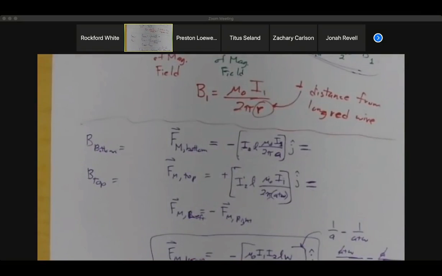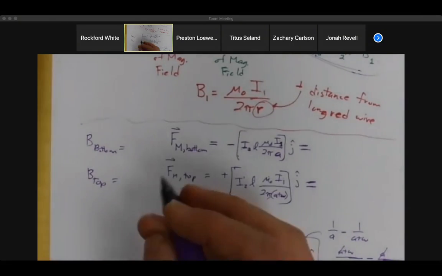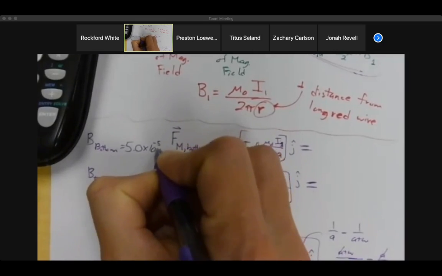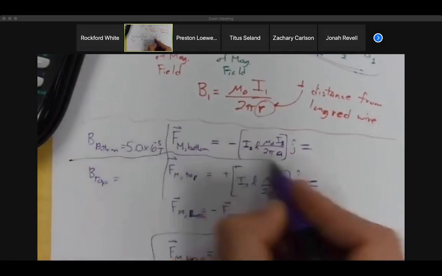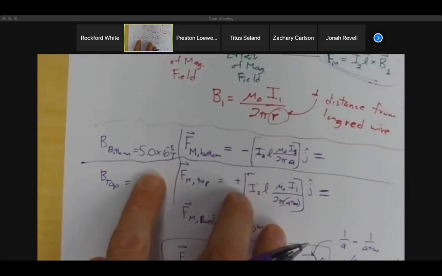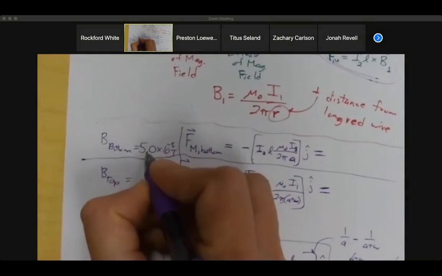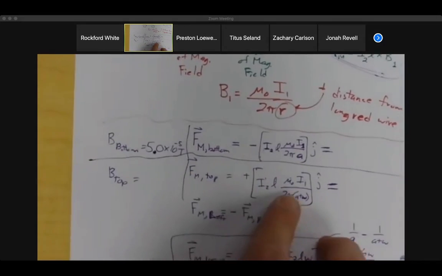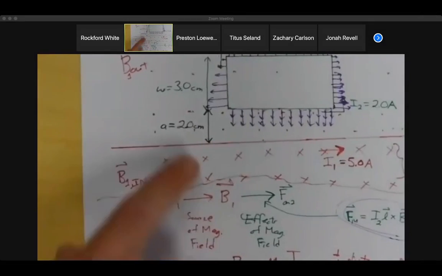So I think the magnetic field of the bottom edge is 5.0 times 10 to the minus 5 Tesla, which by the way is 5 Gauss, or sorry, no, 0.5 Gauss.